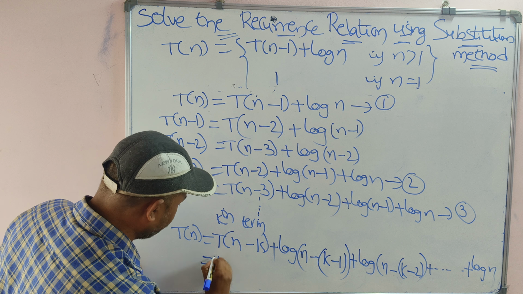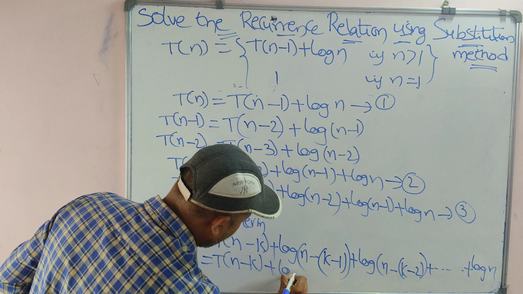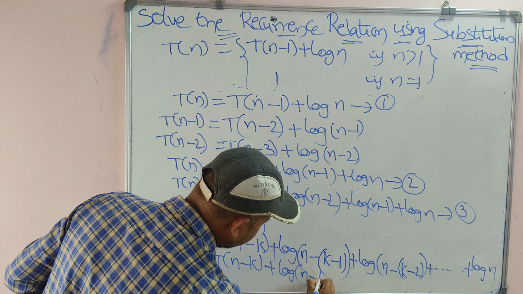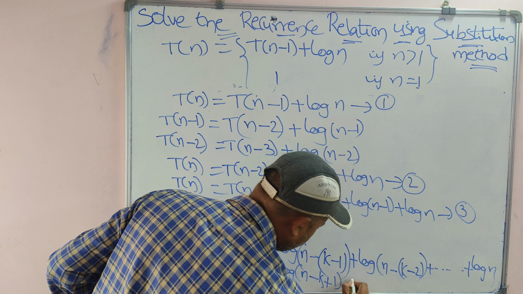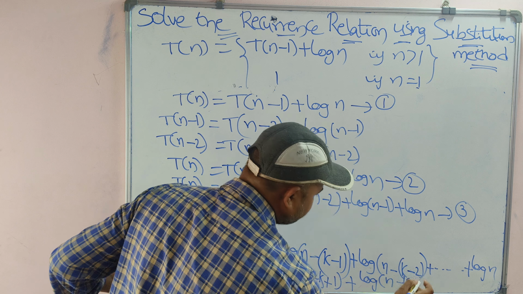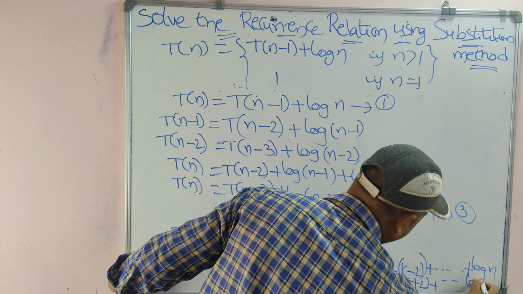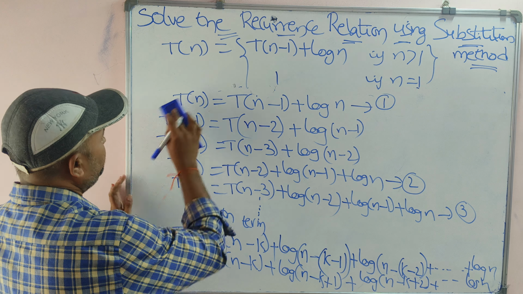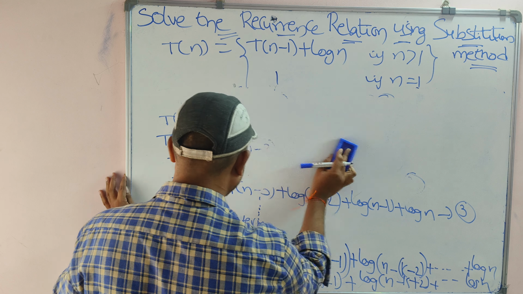So that is equal to, we can write as T(n-k) plus log of (n-k)+1, plus log of (n-k)+2, plus so on, log n. Okay. So for space constraints, I am erasing this portion.